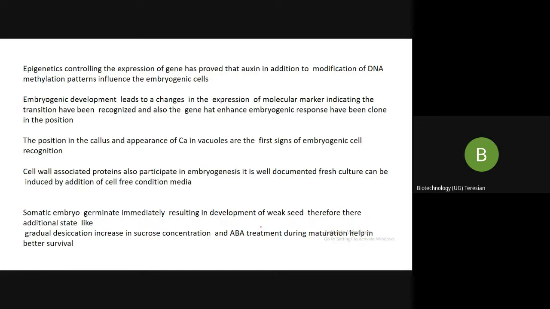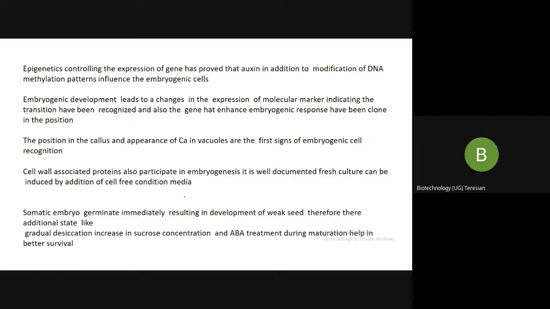And the other factors that regulate are the proteins: post-translation modification, protein turnover, protein-protein interaction. There are many factors involved. That is the molecular biology part.